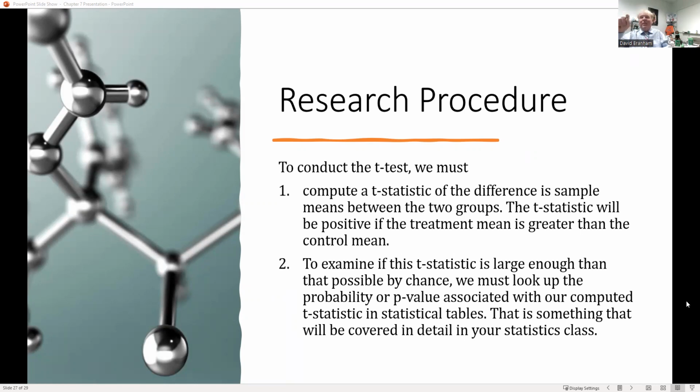Is this significant? And usually what you find is, if you have big sample sizes, it's 1.96 for a two-tail test, 1.65 for a one-tail test. If your t-score is over 1.65, then it's significant if it's a one-tail test.